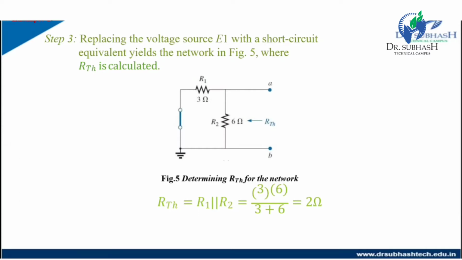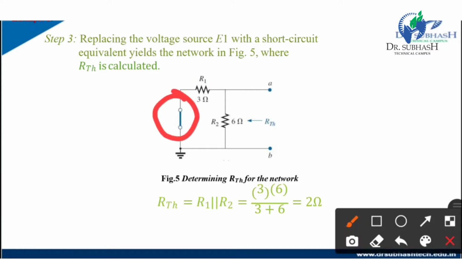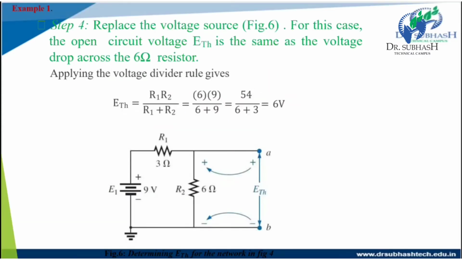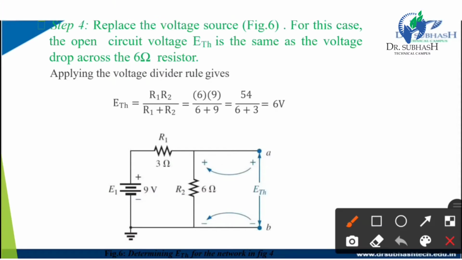Now the next point, we have to find ETH. For ETH, whatever we removed, we will replace again for finding ETH between points A and B. Now in this circuit we again put E1 and here the ETH. So step 4, replace the voltage source.